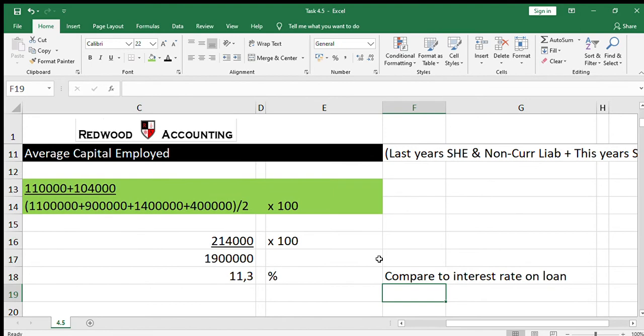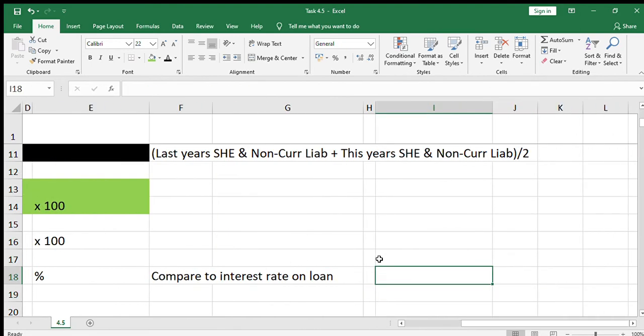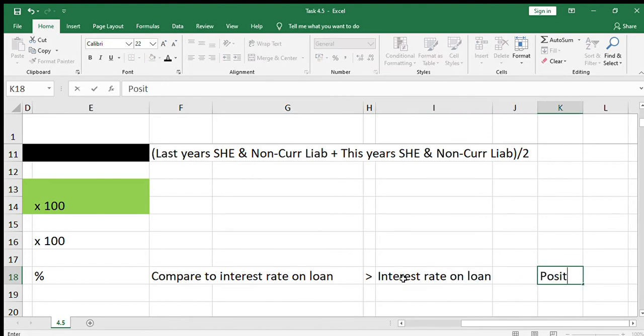But basically, we compare to the interest rate on loan. If it is greater than the interest rate on loan, we say that the company is positively geared.